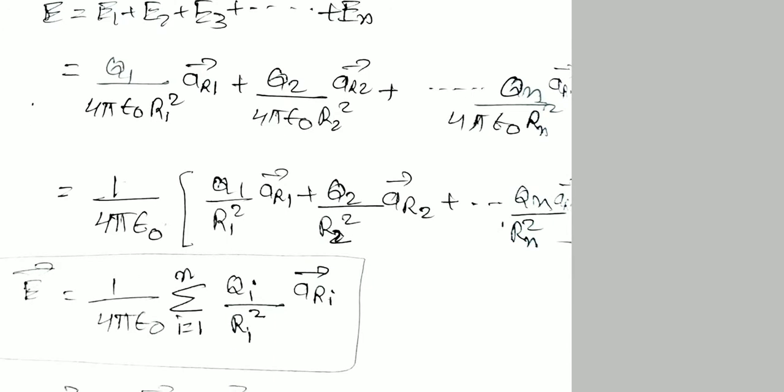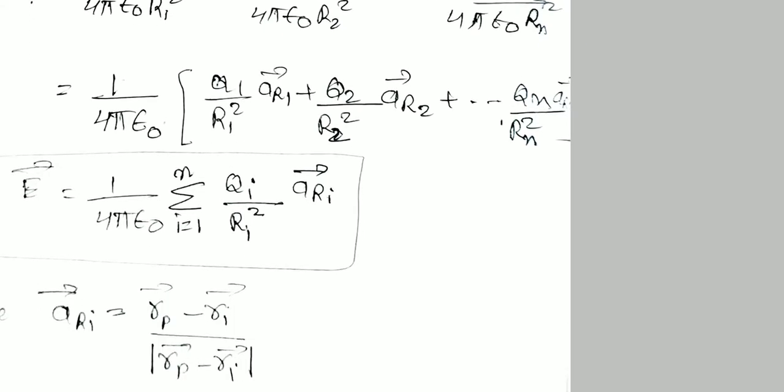Here we can take 1 by 4 pi epsilon naught as common, and the remaining terms we can write like this: Q1 by R1 square, etc. So this can be written as the formula E is equal to 1 by 4 pi epsilon naught times Q1 by R1 square plus Q2 by R2 square plus Q3 by R3 square, etc., which in general is summation of i is equal to 1 to n, Qi divided by Ri square into AR vector.